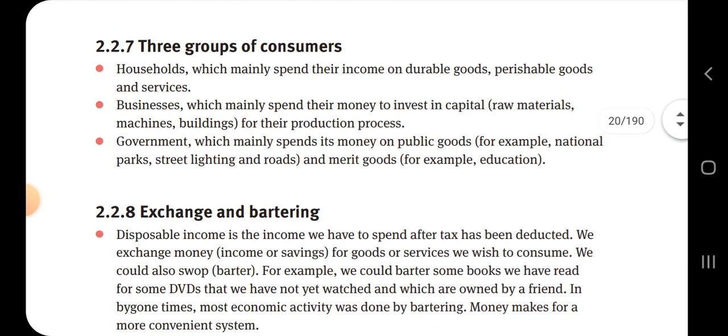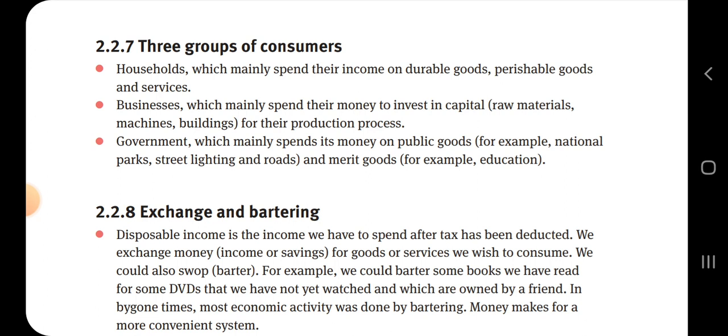There are three types of consumers. Consumers are people who use the goods that we have. When I have a business, people who are buying from me are called consumers. Households mainly spend their income on durable goods, perishable goods, and services.